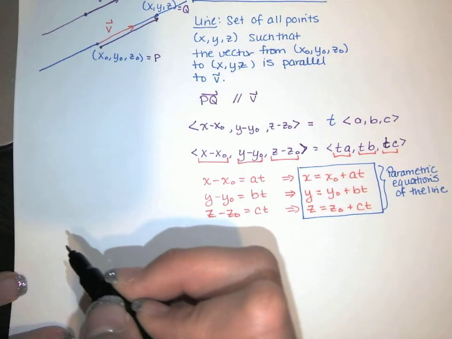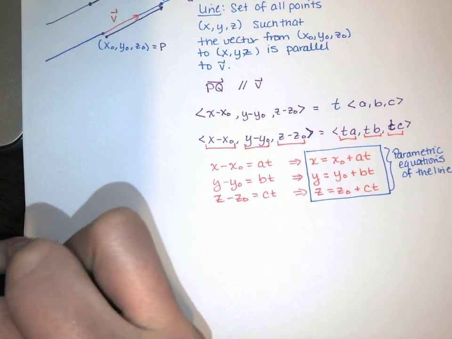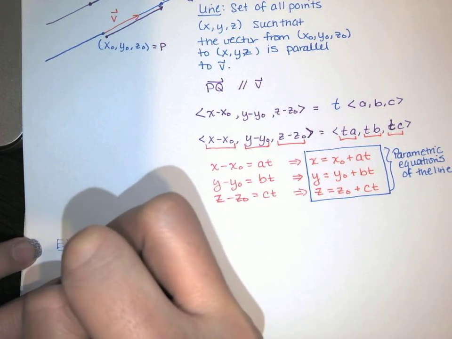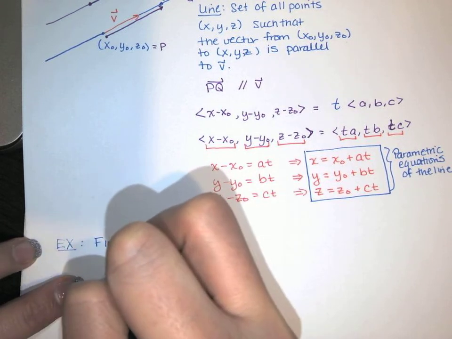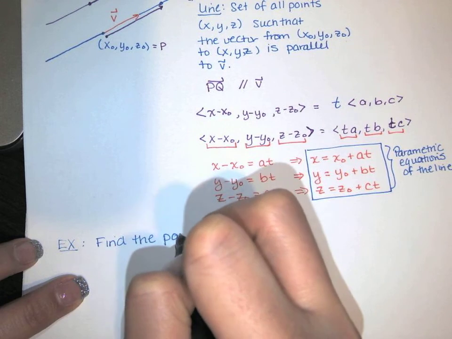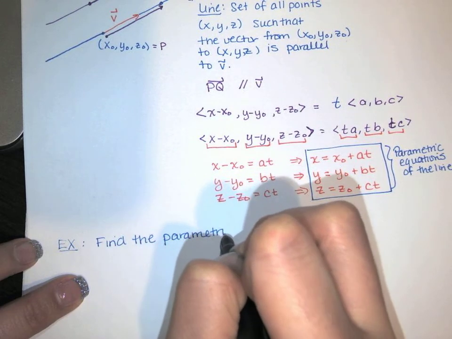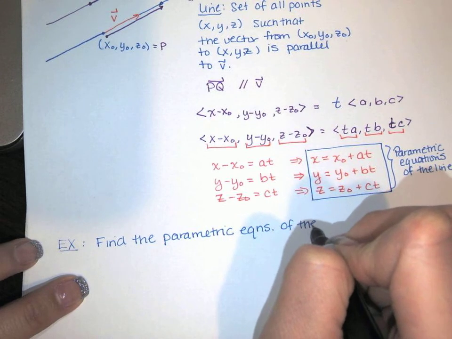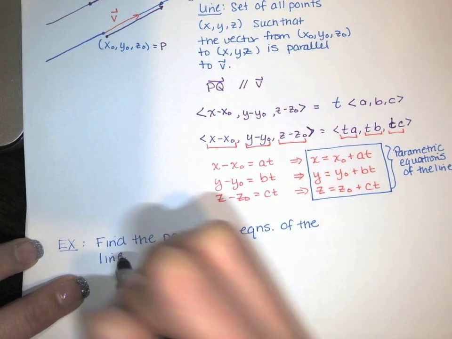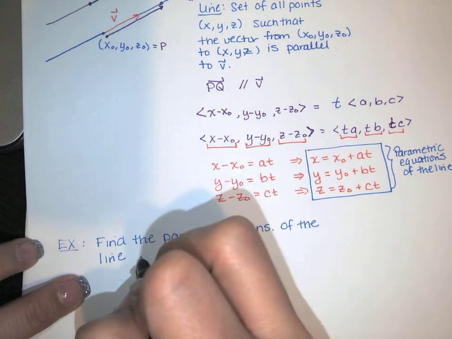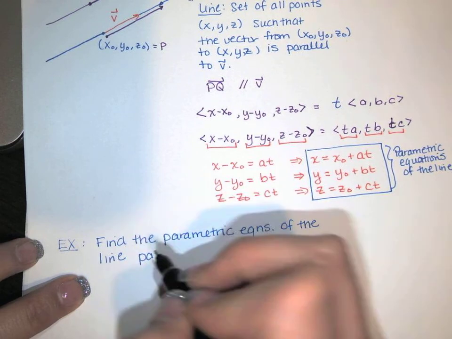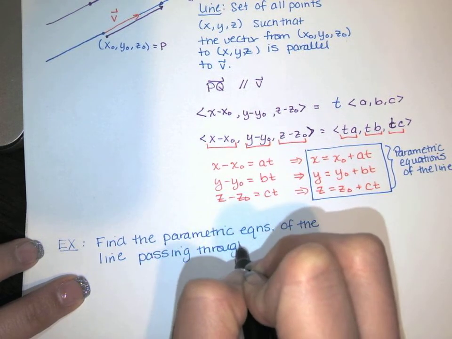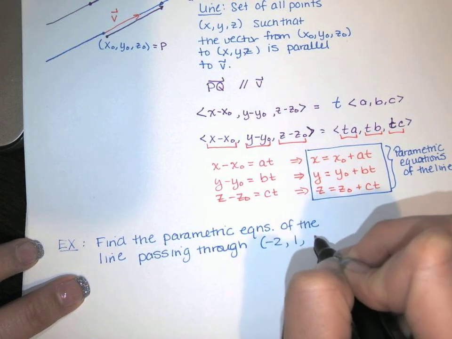So here's a very simple example. Let's say you're asked for the parametric equations of a line that passes through, let's say, (-2, 1, 3).